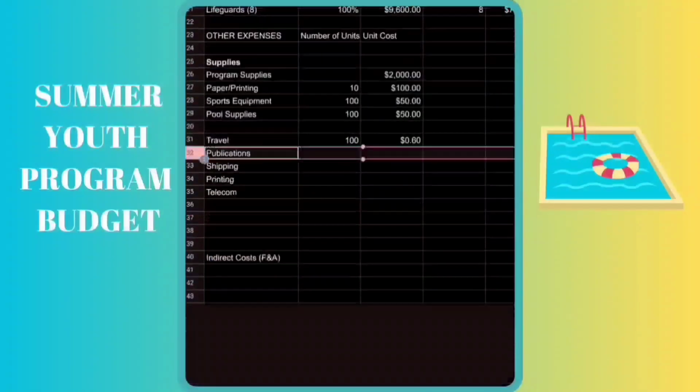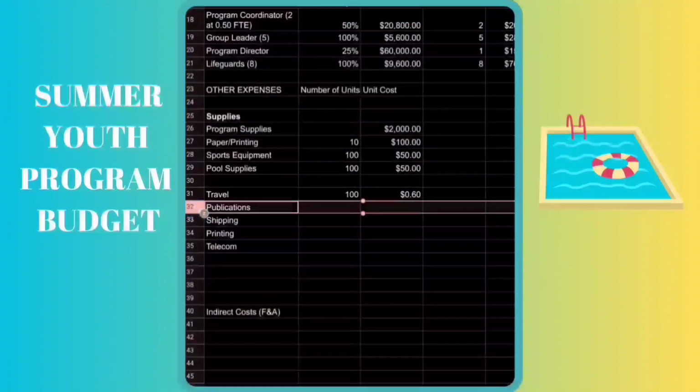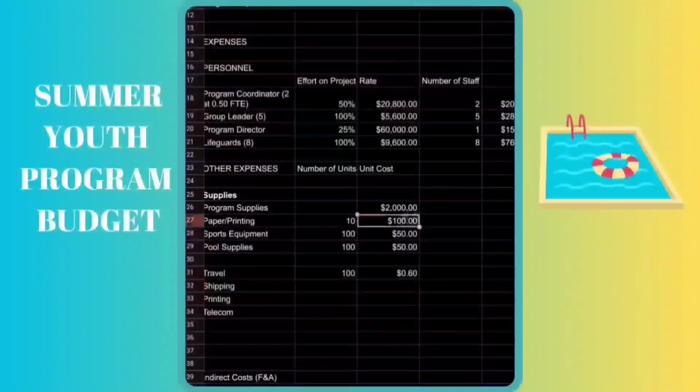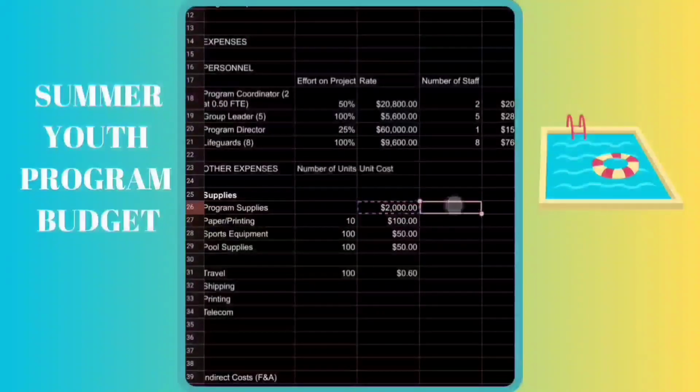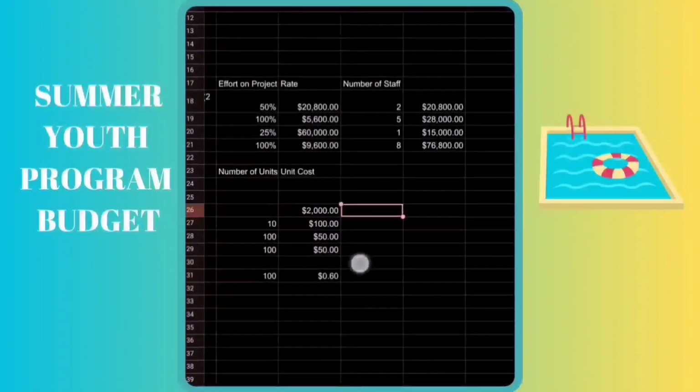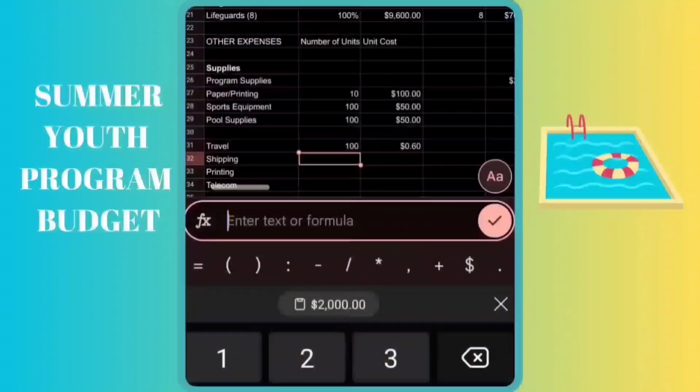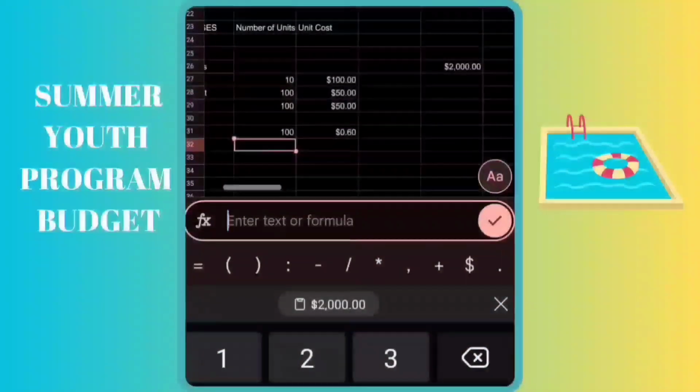This is separate from travel for the participants, might be a busing cost. Shipping could be anything from shipping packages to and from the camp to shipping letters and flyers, postcards to potential participants.